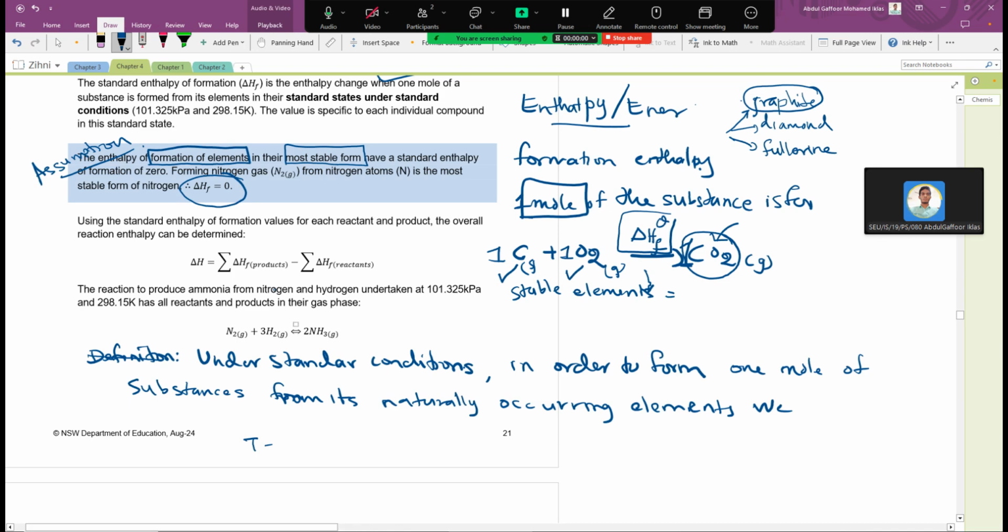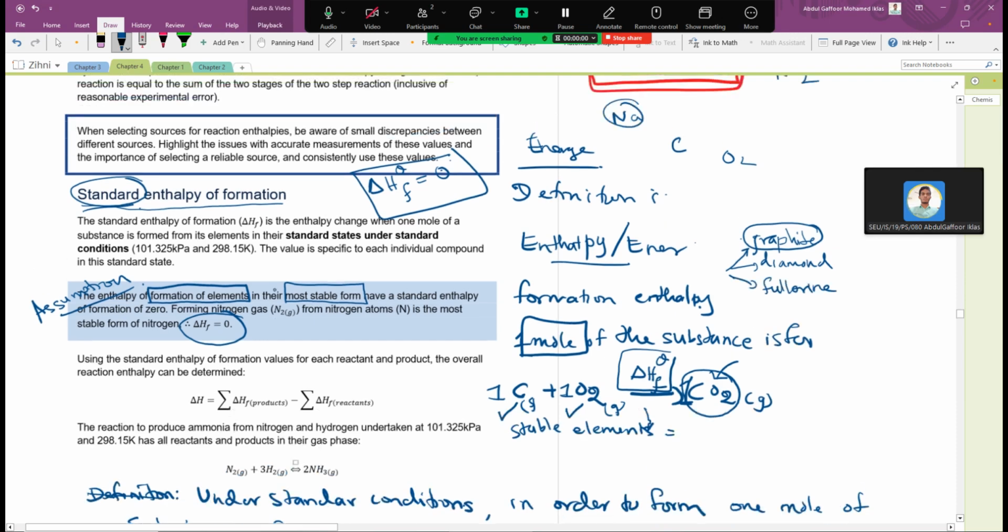Okay, that's fine. So when you are asked to write down the definition, you can write it in your own words, right? So if you want to extend this, from naturally occurring elements, we will require energy. That amount of energy is called delta HF theta. Okay, so likewise you can define.